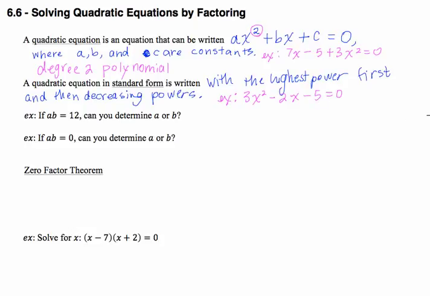Okay, so what we're going to do is solve equations like this. Now before we do, I need to ask you an important question. If you have an equation that says a times b equals 12, can you determine necessarily what a and b are? I'm sure you can think of some ideas, right? You might say a could be 3, in which case b would be 4. That's one solution.